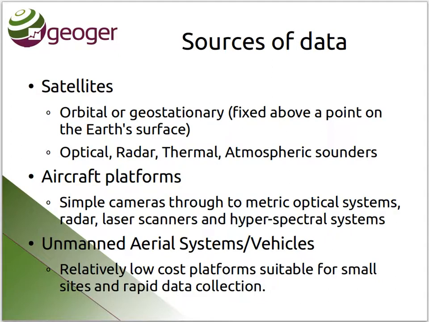These are comparatively low cost in terms of the type of platform that you have, and they allow rapid data collection as well. There are different types of platform that aren't mentioned here, such as blimps, and also just affixing your sensor to a pole or to a fixed site. So there's lots of different options.